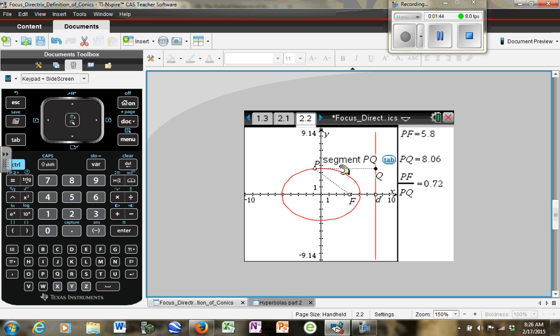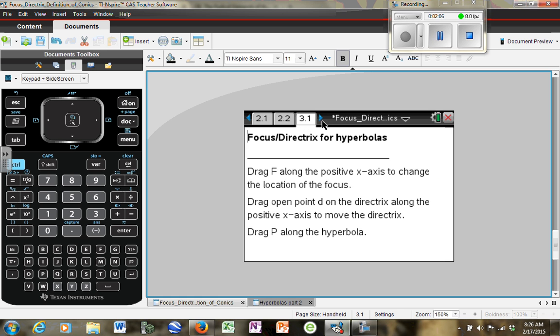If I go to an ellipse, I can change that ratio, but that ratio is only going to go between 0 and 1, at which point it becomes something else. If it's a circle, it's going to have an eccentricity of 0. If it's an ellipse, it can go between 0 and 1.